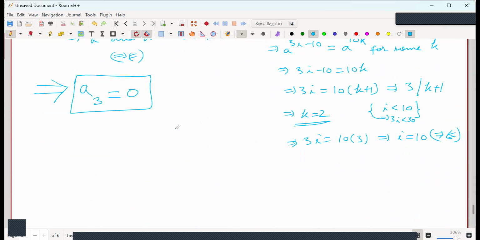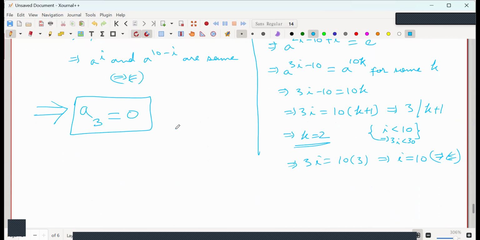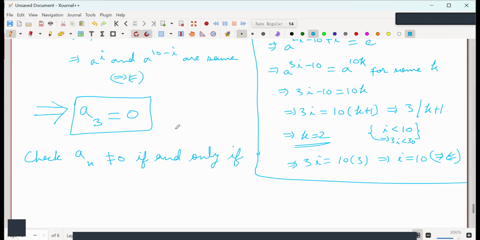Okay. Now I leave it to you to check one thing: that A_n is non-zero if and only if the GCD of n and 10 is not equal to 1.